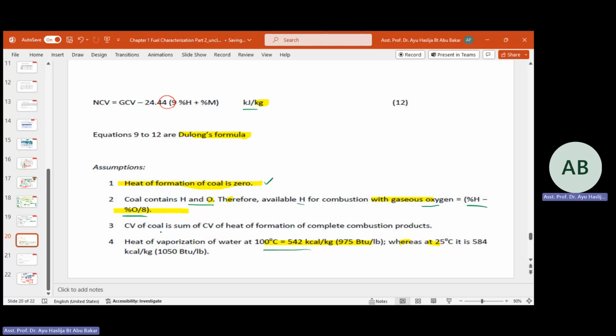And the CV of coal is the sum of the CV from the heat of formation of complete combustion, because if incomplete, it will be a different thing. Do you know the difference between complete and incomplete combustion?